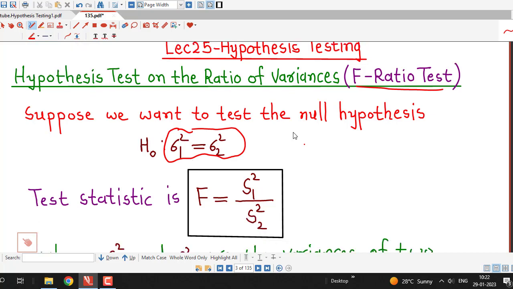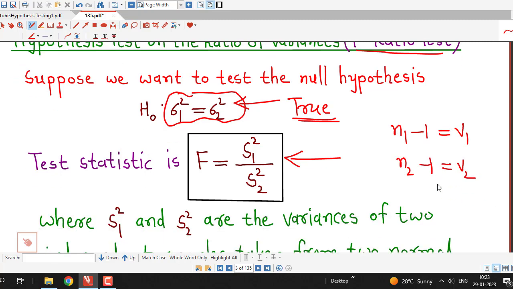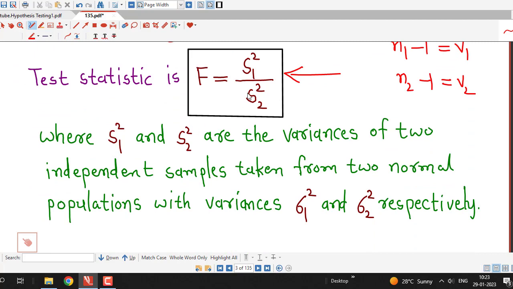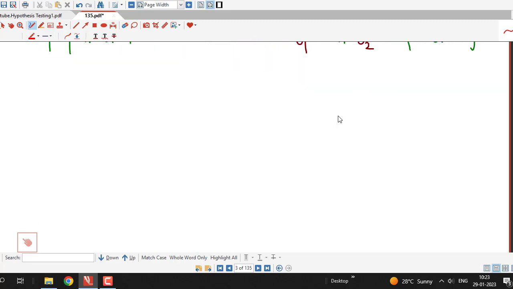If this null hypothesis is assumed to be true, then we have this formula for test statistic F equal to s1 square over s2 square, that is the ratio of sample variances with n1 minus 1 degrees of freedom in the numerator and n2 minus 1 degrees of freedom in the denominator. Here s1 square and s2 square are the variances of two independent samples taken from two normal populations with variances sigma 1 square and sigma 2 square respectively.